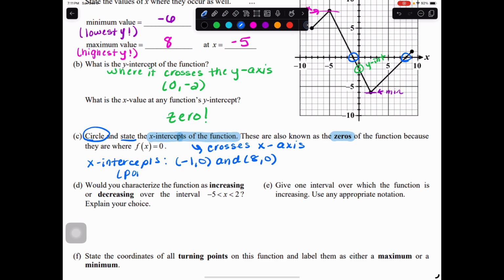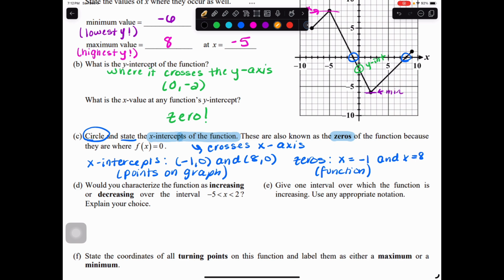X-intercepts are referring to points on the graph. However, if you're asked for the zeros, they are only going to be the x values, the places where the function is equal to 0. So we would write x equals -1 and x equals 8. And this is referring to where the function is going to be 0.